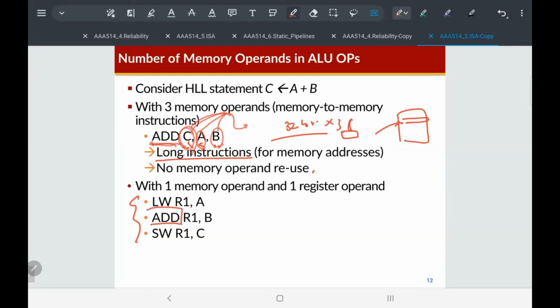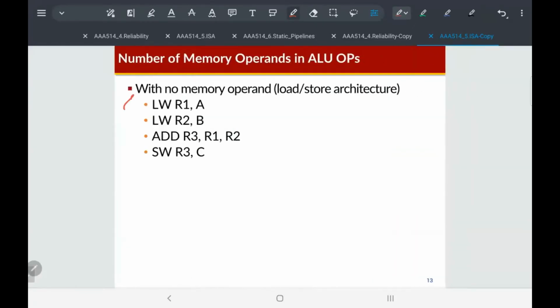We can also rewrite the program like this. This add instruction takes the data from the variable B, and then performs R1 plus B, and the result is also stored to R1. We can implement it like this, but usually for a RISC type ISA, the arithmetic instructions do not access the data from main memory.